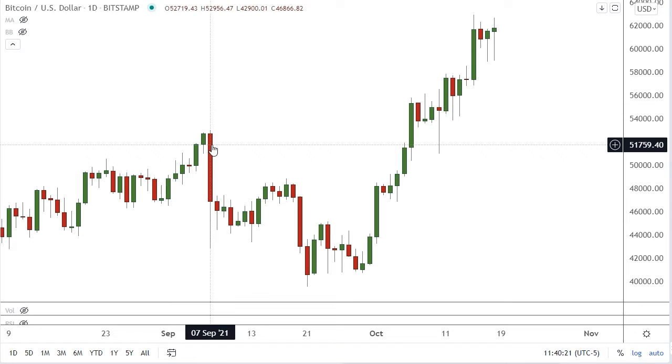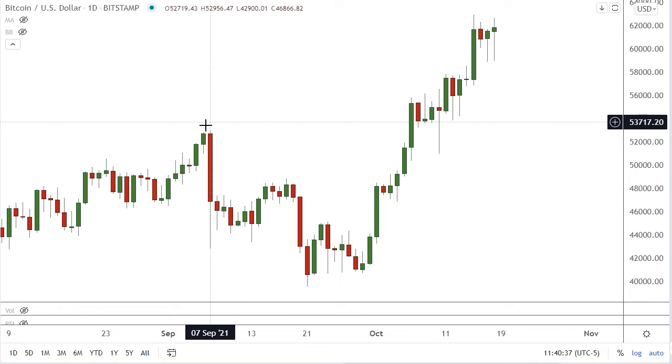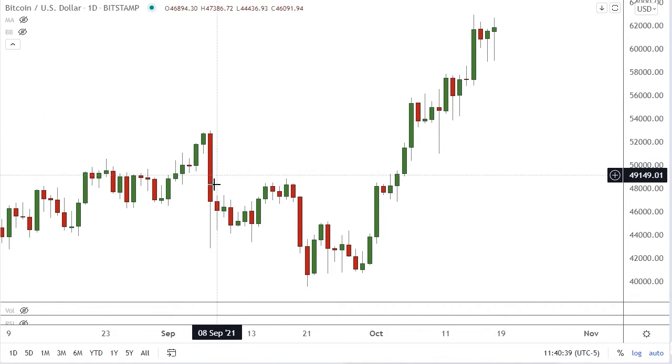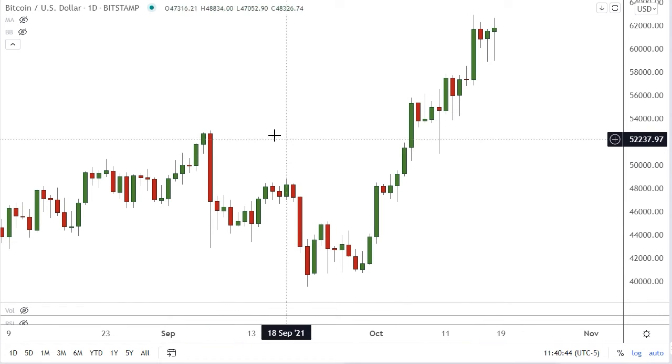Now, crypto trades 24 hours a day, 7 days a week. Technically, the market does not close. It trades all of the time, even on holidays. So what brokers will do is create an arbitrary close time just so that they can create the chart.